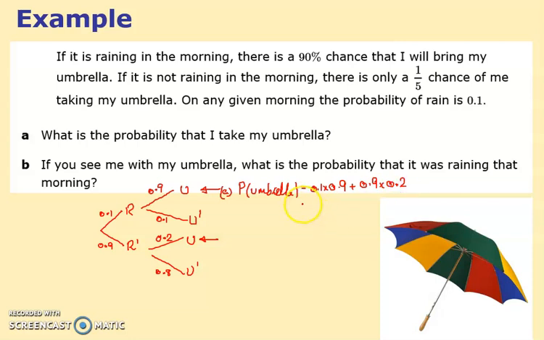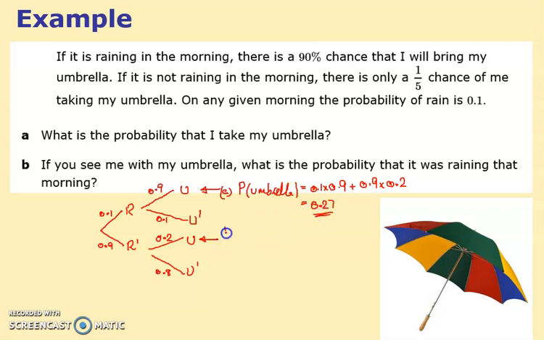If I'm not mistaken, that's 0.27. I'll type it in. 0.1 times 0.9 plus 0.9 times 0.2. 0.27, there you go. Should have just trusted my instincts.